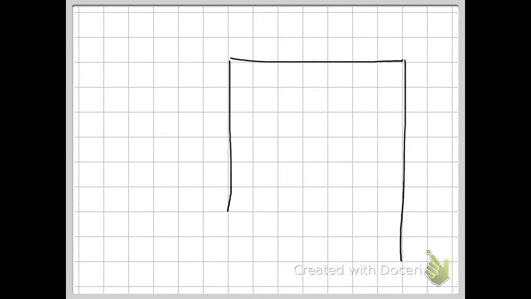So what happens if we have something, say we've got this particular rectangle, and we'll say that it's 7 centimeters.